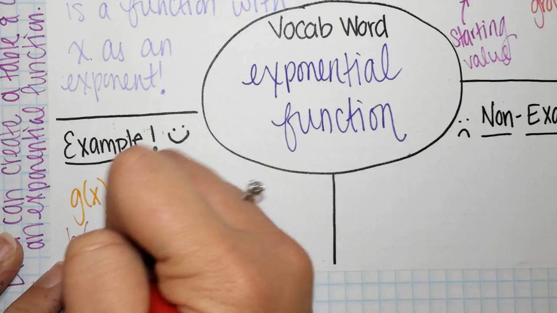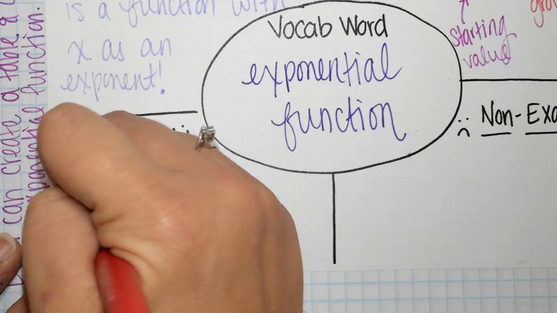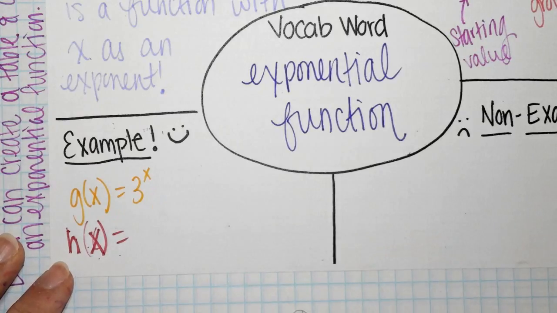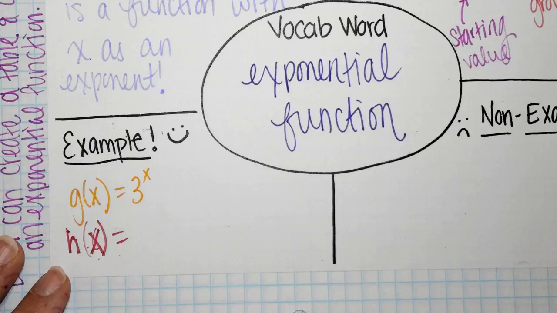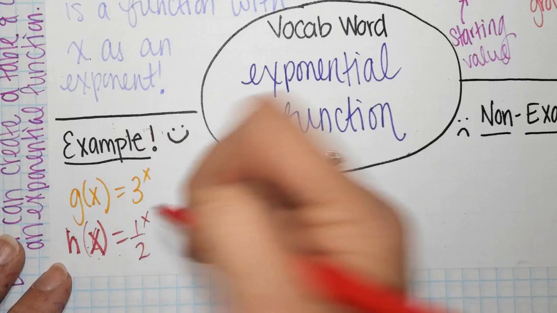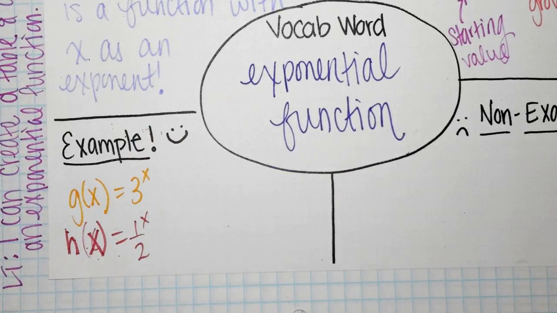Let's use h of x equals... Hold on. B. Alright, Carly. So 1/2 to the x. Take a point. Fantastic. Alright, so now we're going to draw a graph.